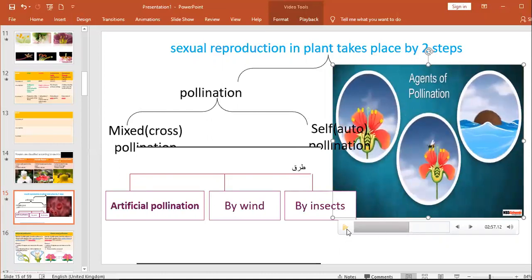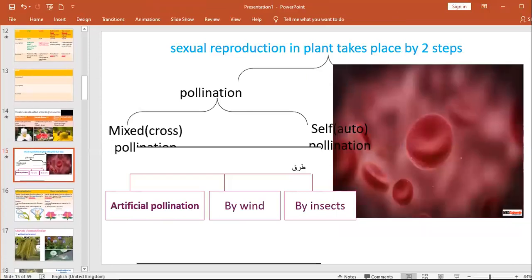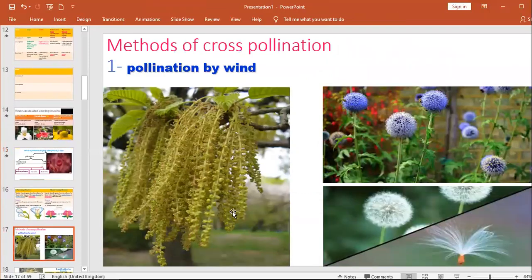Or by man. Man can transfer, like with the palm tree, making pollination by man because it's difficult to transfer pollen grain from one palm tree to another tree, like this. In this picture, there is a different shape for pollen grain.